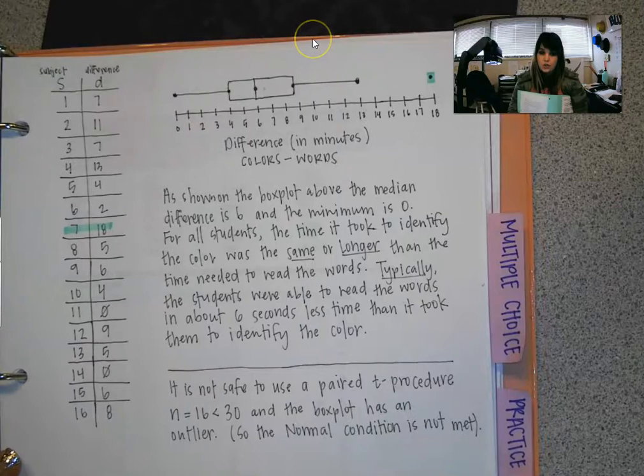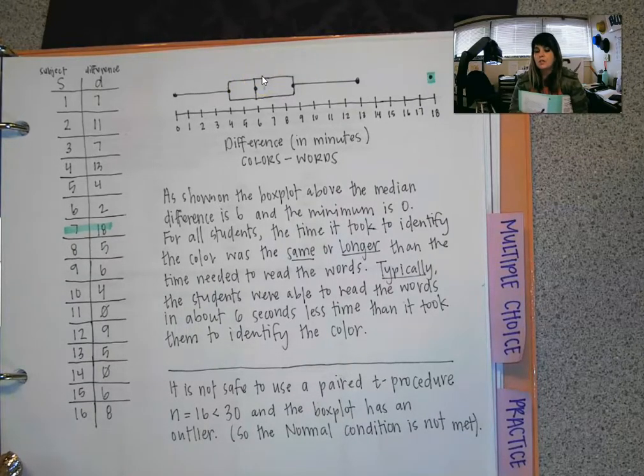For all students, the time it took to identify the color was the same or longer than the time needed to read the words. Typically, the students were able to read the words in about 6 seconds less time than it took for them to identify the color.